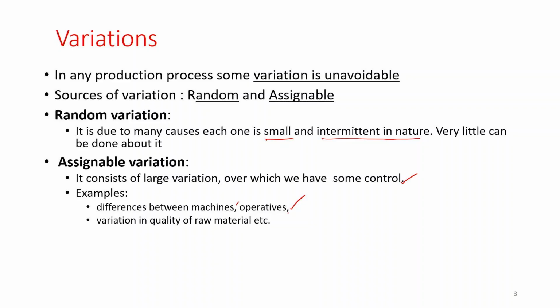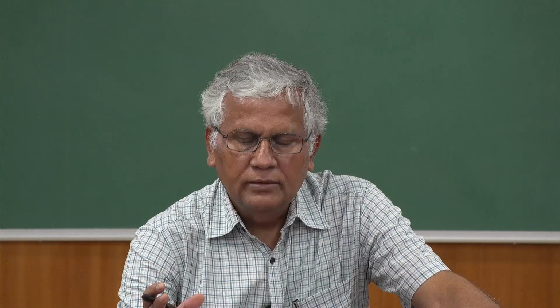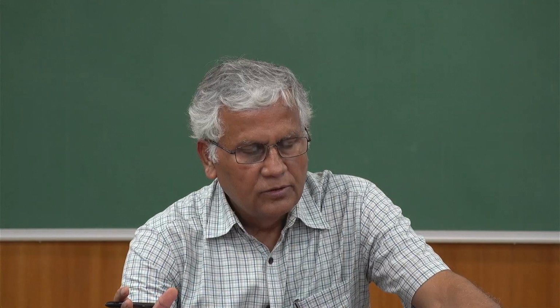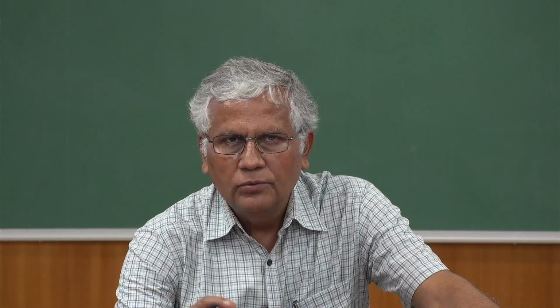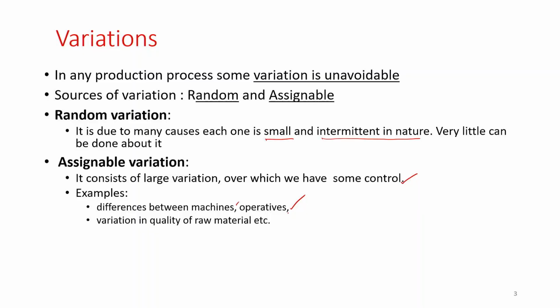We may have a set of sewing machines or draw frames or carding machines in an industrial shed, and there's always a chance that there could be machine to machine variation. But variation due to machines or operatives can be minimized. Similarly, there could be variation in the raw materials, the input material which is coming. That material can also vary in its characteristics. However, we can exercise some control on this also.